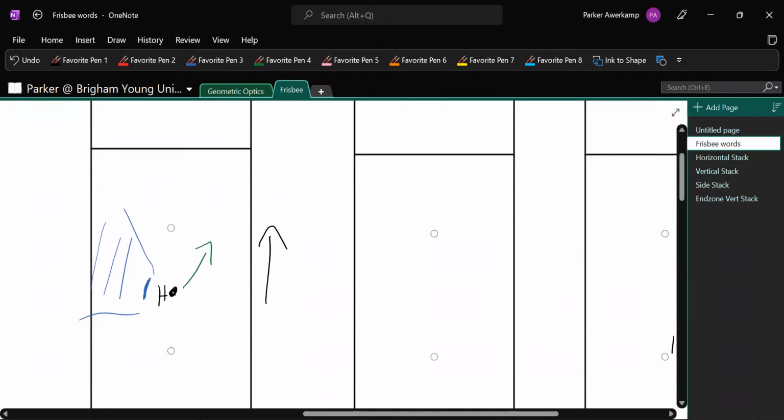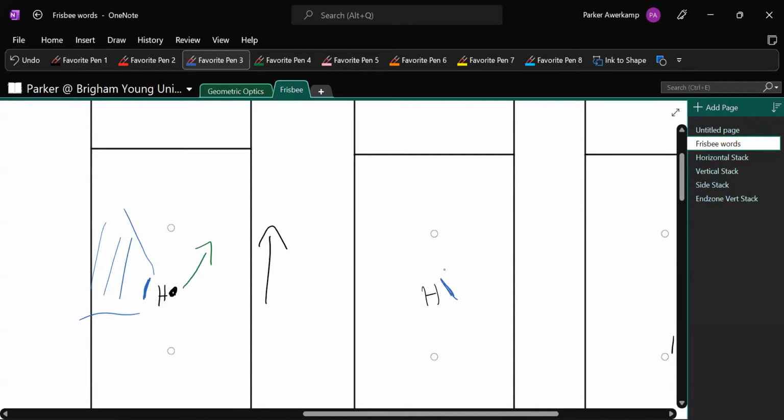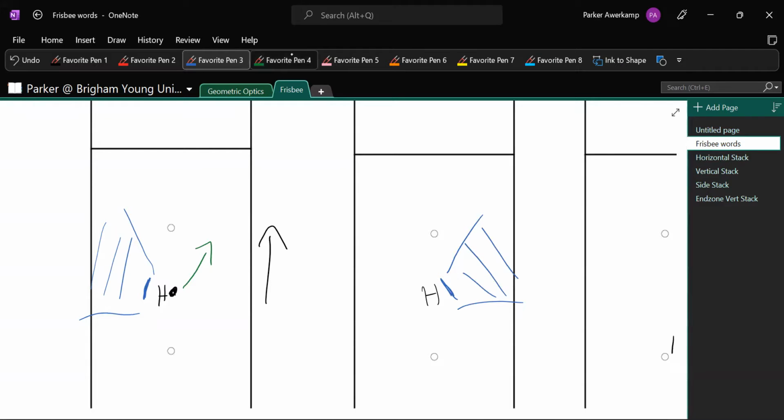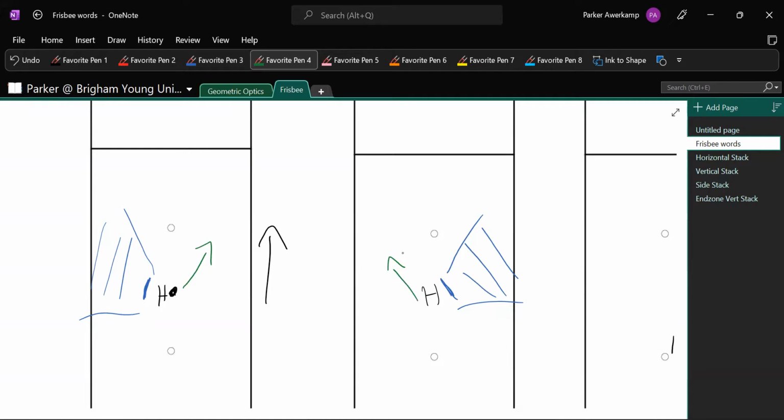So this would be a force flick. And then very similarly, this is a force backhand, where they're allowing the handler to throw a backhand, but preventing the throws that are flick.